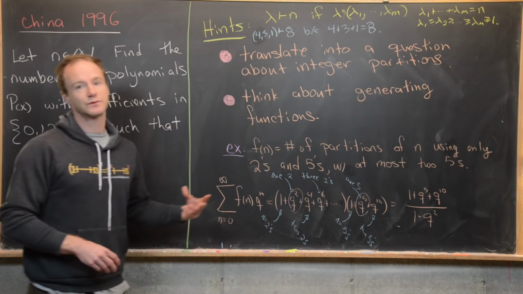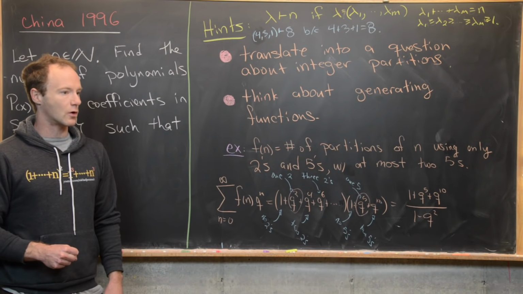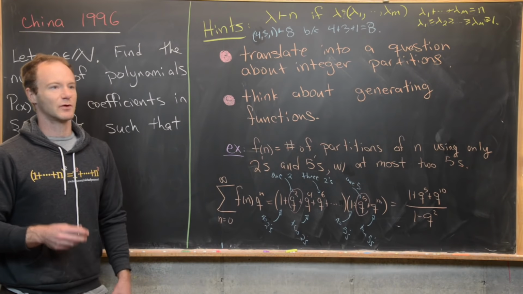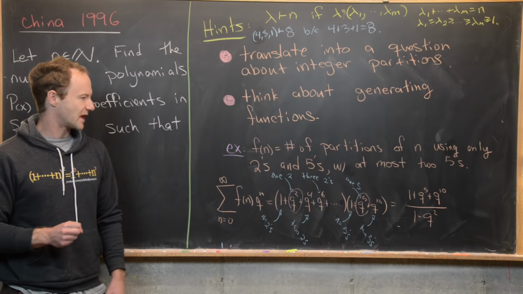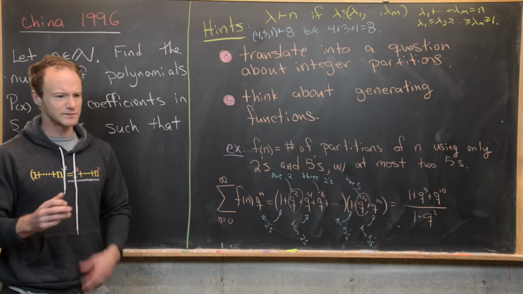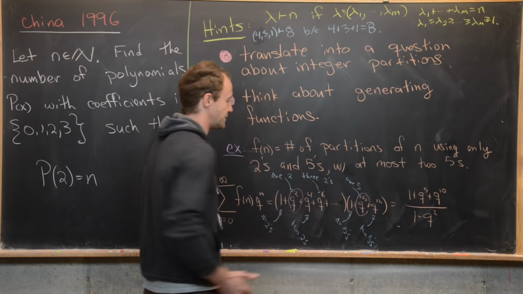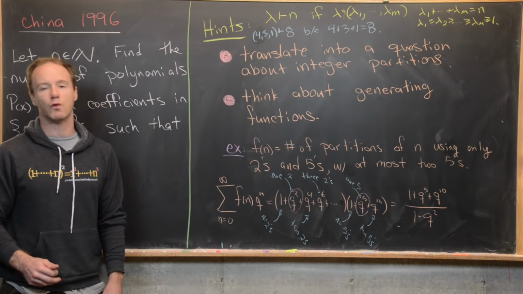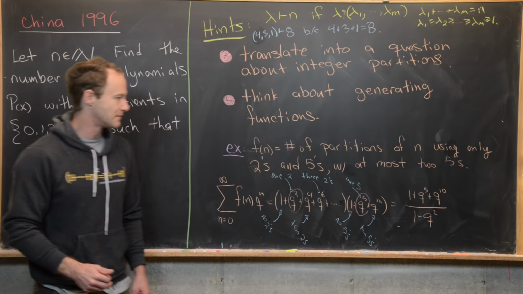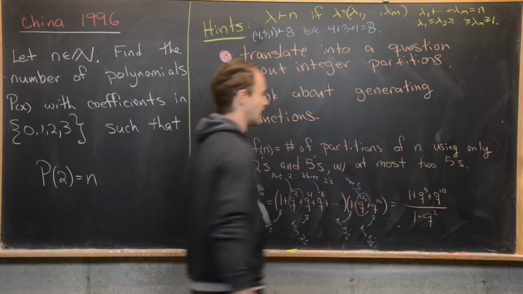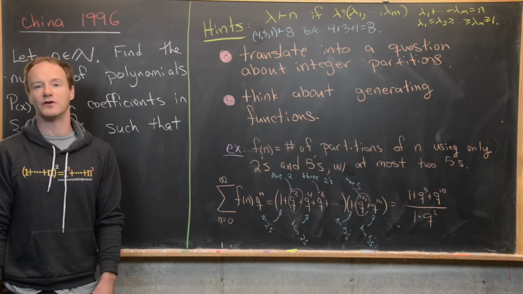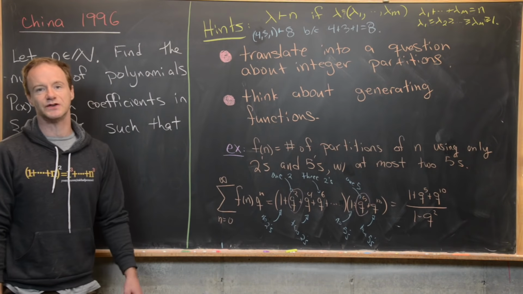A lot of times when we're dealing with these generating functions for partitions of a certain number, we want to simplify them into some sort of nice rational function, and that's what you can do. You can take this first bit and rewrite it as a geometric series, 1 over 1 minus q squared, and that allows you to write this whole thing as 1 plus q to the 5th plus q to the 10th over 1 minus q squared.